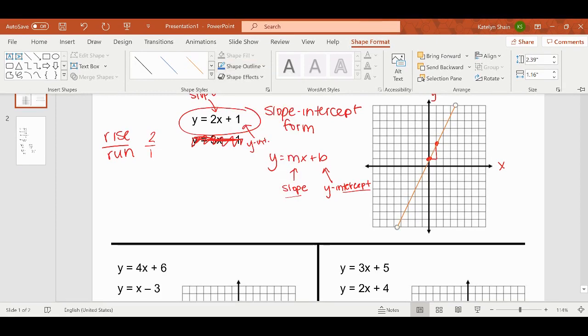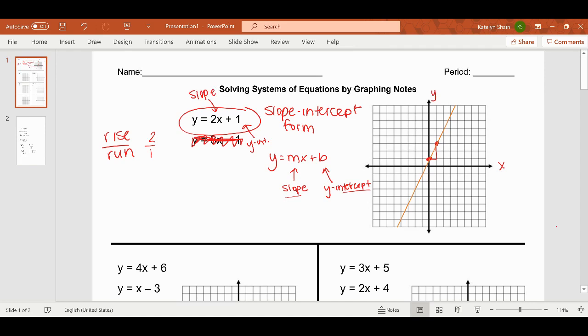Make that a little bit bigger. So there is my line for that first equation. So we start with this y-intercept, which was my first point. Then I looked at the number in front of the x, which is my slope. So if I have 2x plus 1, that means I'm going over 1 and up 2.